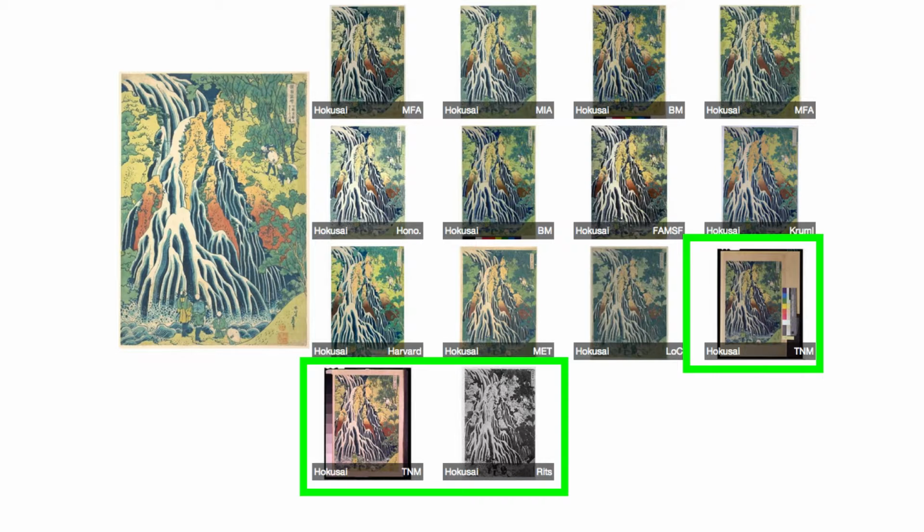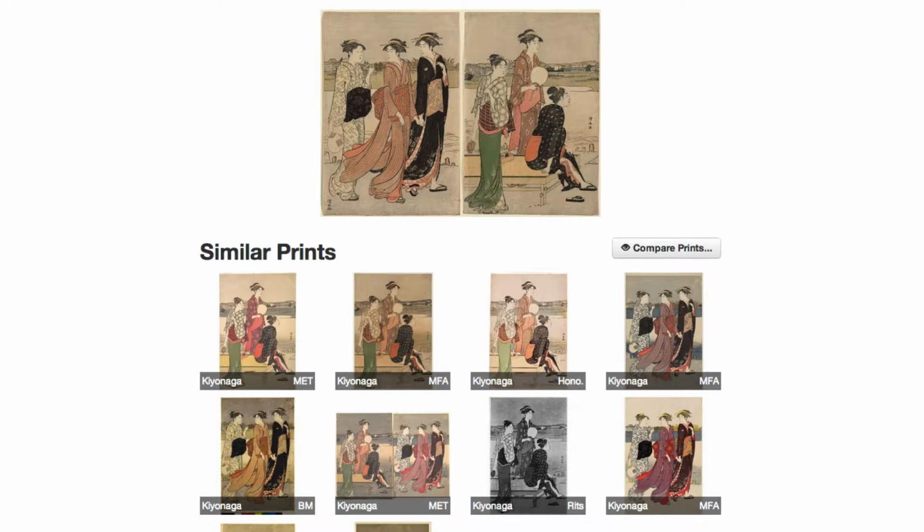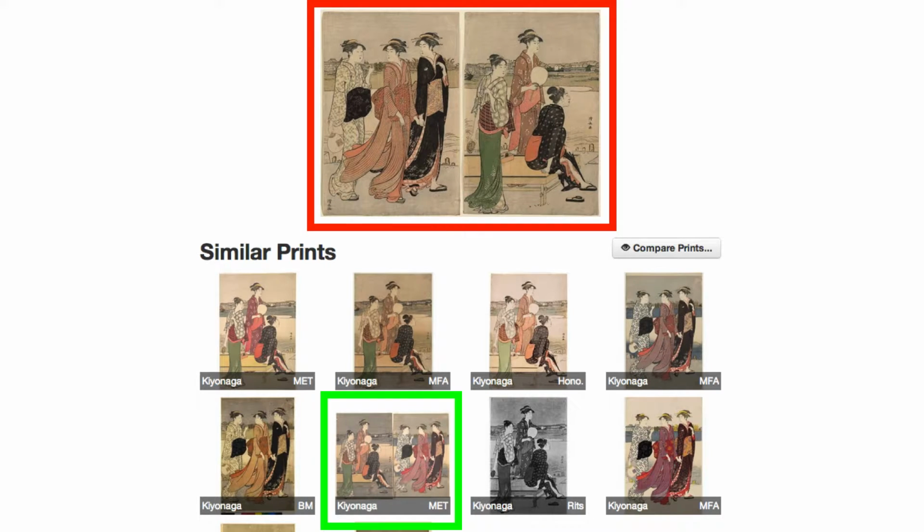match those together. Just to show a slightly more complicated example, this is a particular diptych, a 2-panel print. And in this case, you can see that the original that's shown there at the top is actually backwards. They have it flipped, whereas you can see the correct version down there at the Met Museum in New York. And so this is interesting.